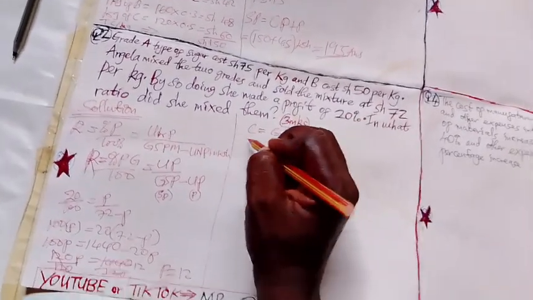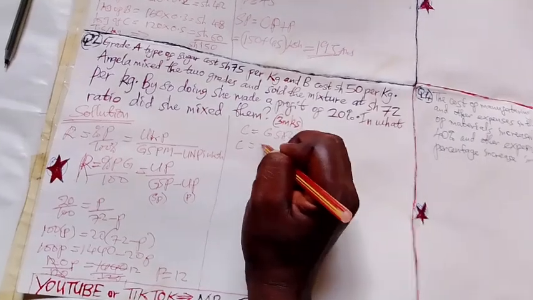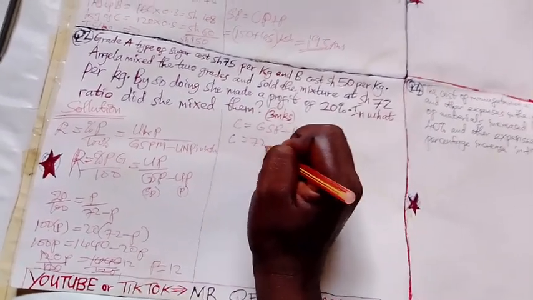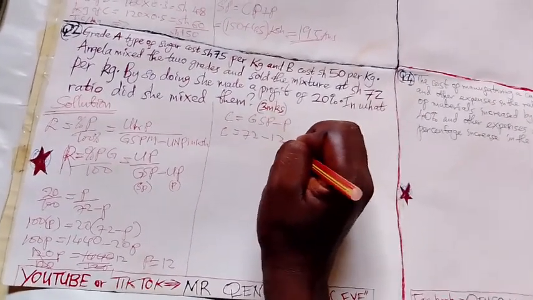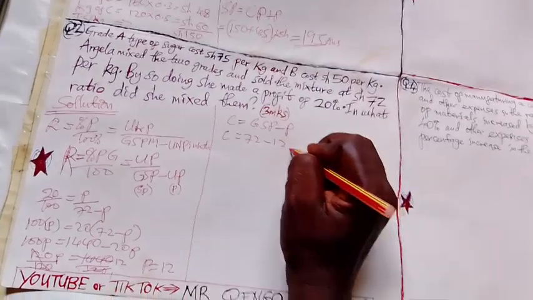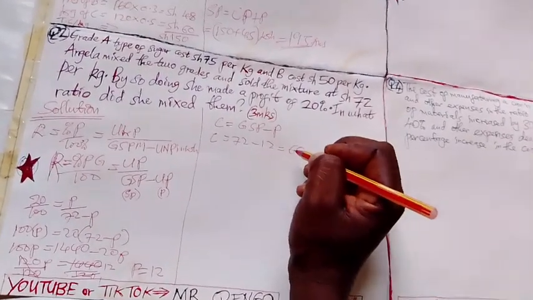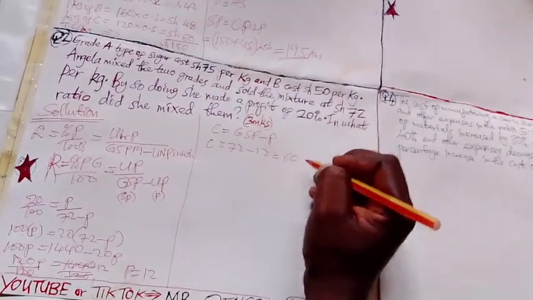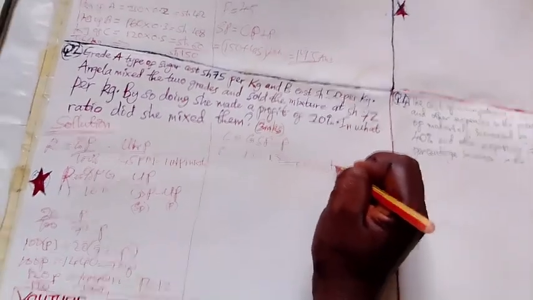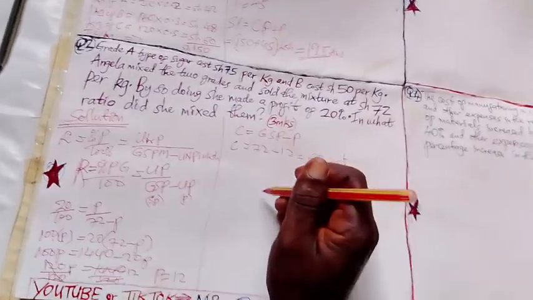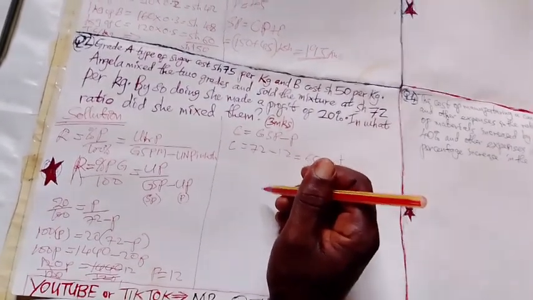Therefore, cost is the same as 72 shillings minus 12 shillings, which gives us 60. This is the cost now. Step 3.